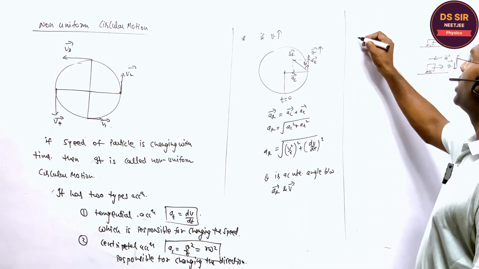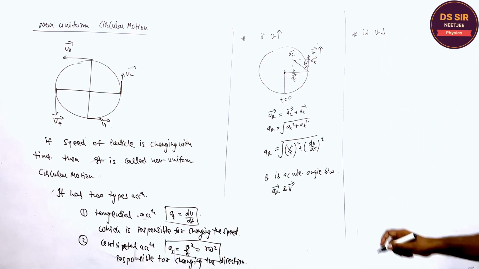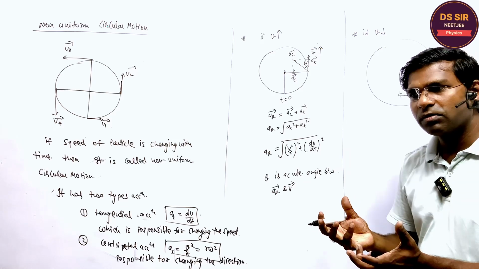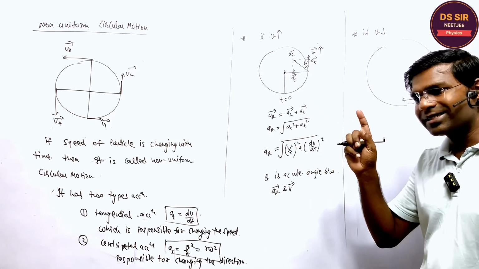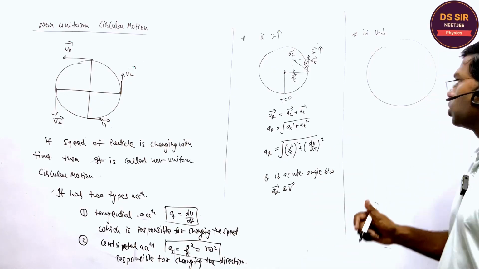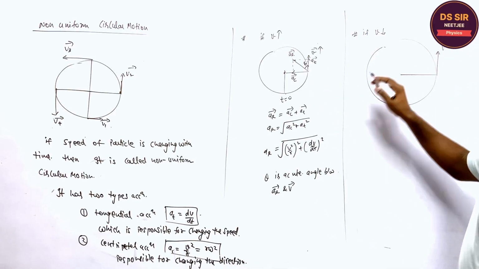Also, if the velocity or the speed is decreasing, what will happen? Suppose the fan is running, and when you switch off the fan, the speed of the particle on the circumference of the blade of the fan will reduce slowly. Suppose this is the velocity vector, right? And speed is reducing.